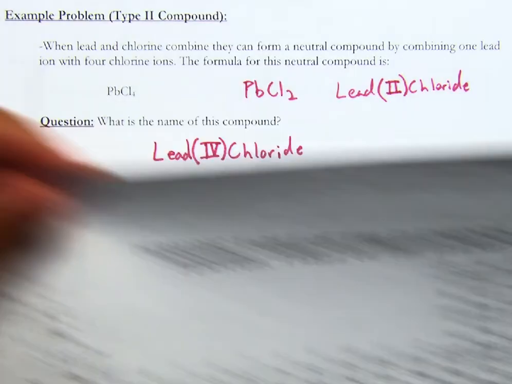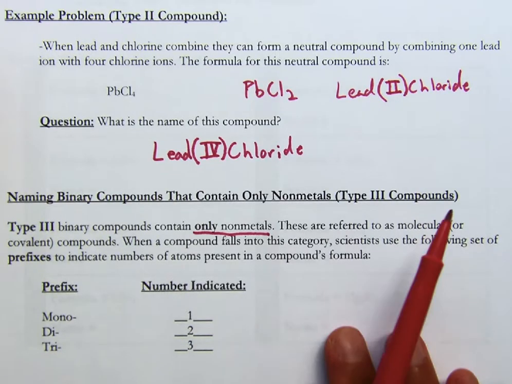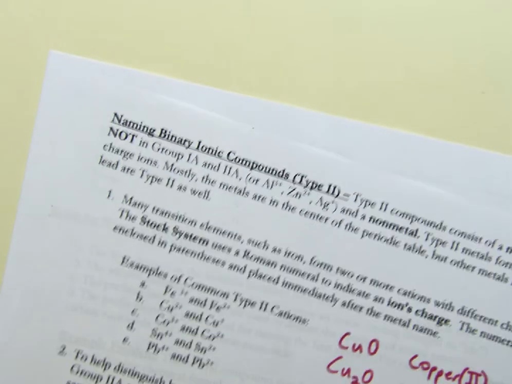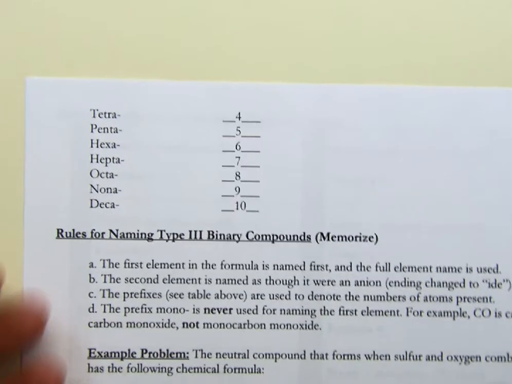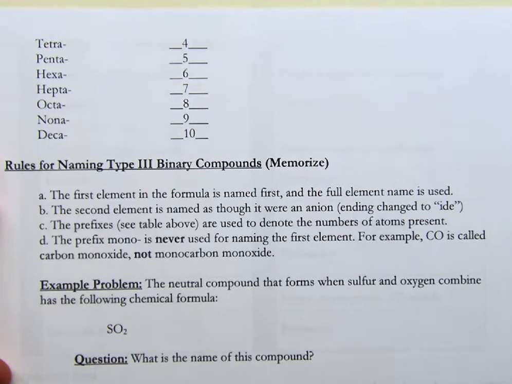So let's think about how this one works. There's a system of prefixes, and the prefix tells you how many of that element you have. Now, mono is 1, di is 2, tri is 3, like a triangle. We have also tetra, penta, hexa.